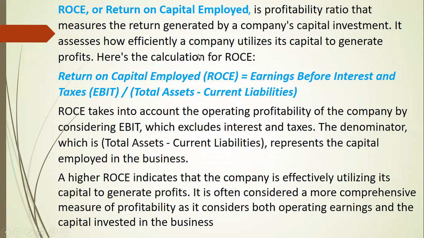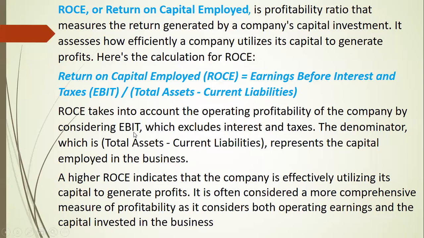It's also a profitability ratio that measures the return generated by the company's capital investment. It assesses how efficiently a company utilizes its capital to generate profits. Here is the calculation. So it will be earnings before interest and tax, you divide by total assets less current liabilities, isn't it?